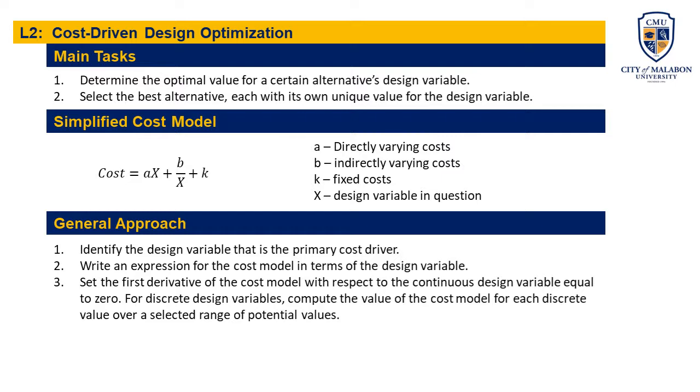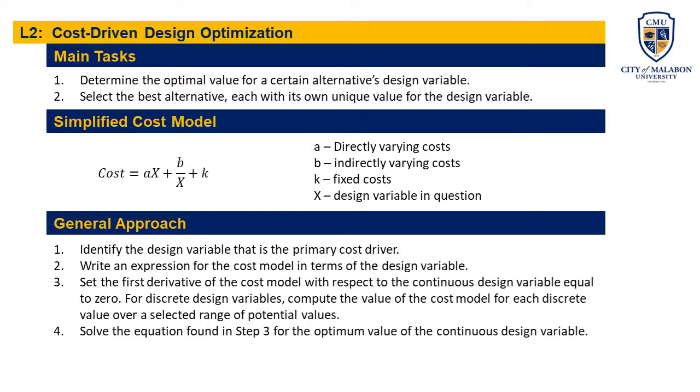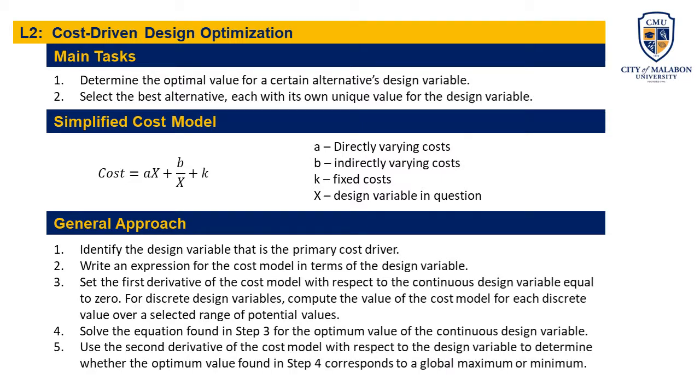For discrete design variables, we shall compute the value of the cost model for each discrete value over the selected range of potential values. Fourth, solve the equation found in the third step for the optimum value of the continuous design variable. Next, we shall use the second derivative of the cost model with respect to the design variable to determine whether the optimum value found in step 4 corresponds to a global maximum or a minimum.